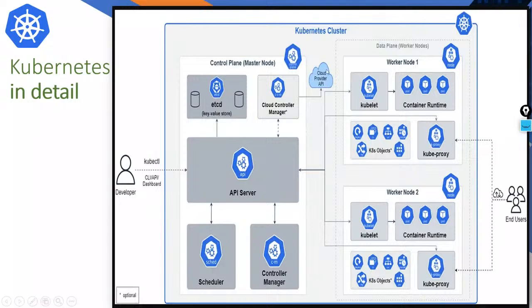And if you are interacting with a cloud provider like Amazon or AWS with some services, then you will have another component called Cloud Controller Manager. But when you install Kubernetes on the master node, you have all these components already installed. Now the next question is, what are these?